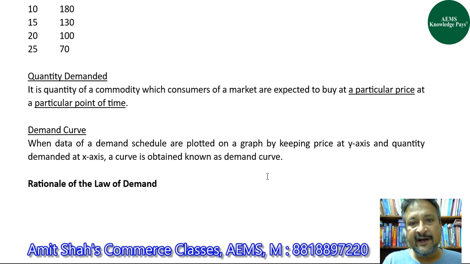Means why there is a negative relationship between price and quantity demanded, because we know that the law of demand says that price of a commodity and its quantity demanded are inversely related. That is, with rise in price, quantity demanded falls, and with fall in price, quantity demanded rises. And this is the law of demand. So why is it so? Let's understand that.